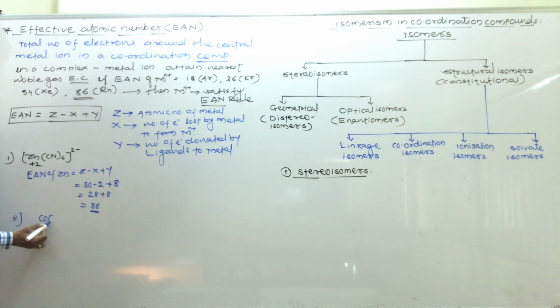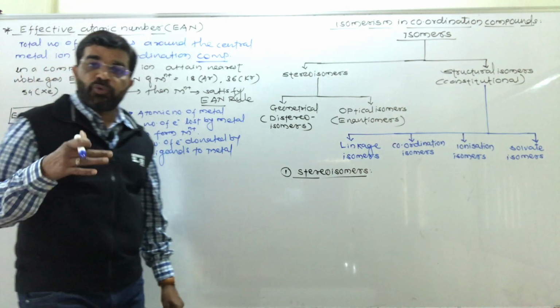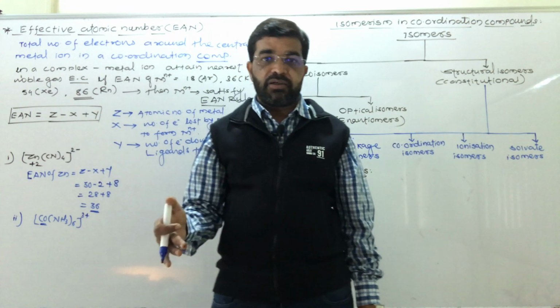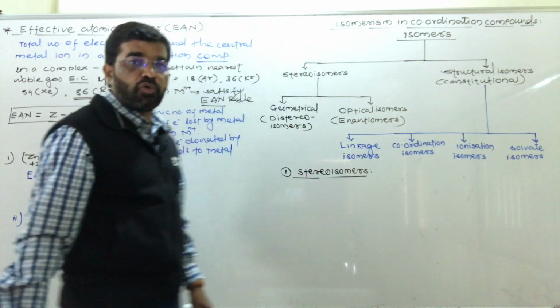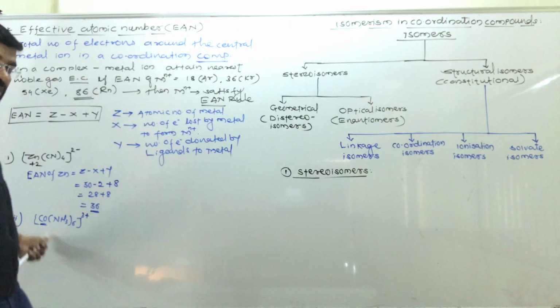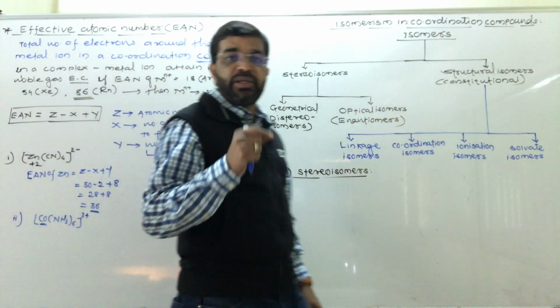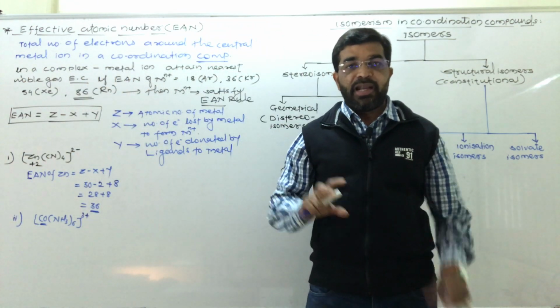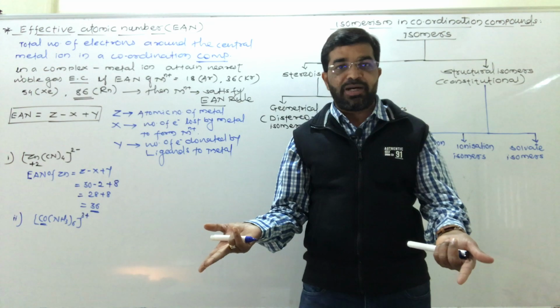Here you see the next example, that is Co(NH3)6, and the charge on this complex is plus 3. Now we have to find out the effective atomic number of cobalt. So for that we should know what is the atomic number of cobalt and what is the oxidation number of cobalt.